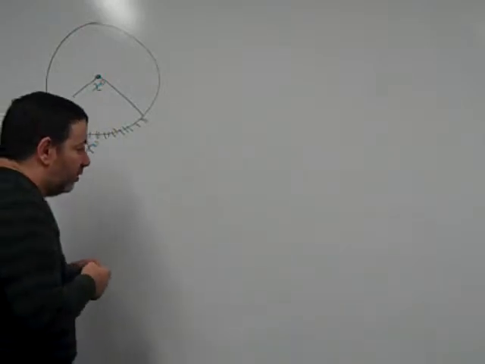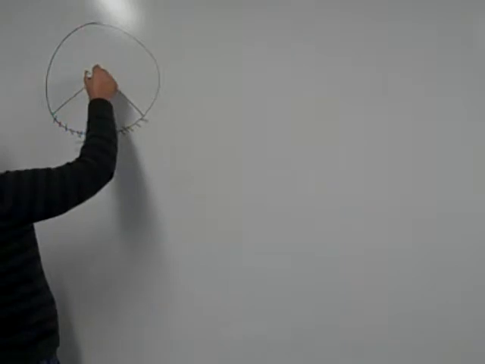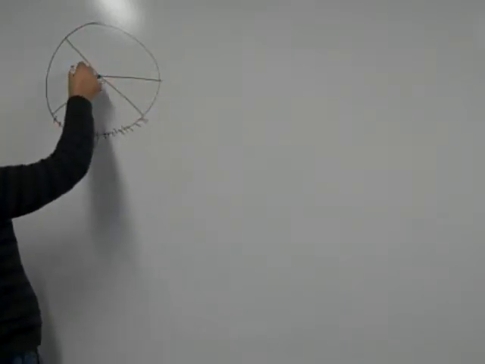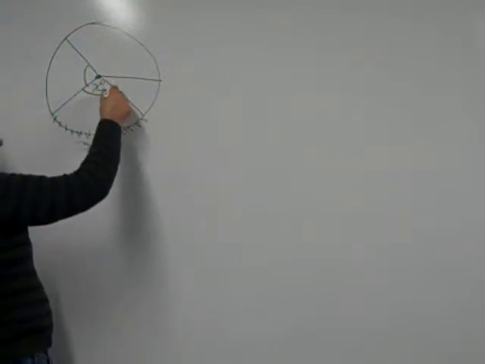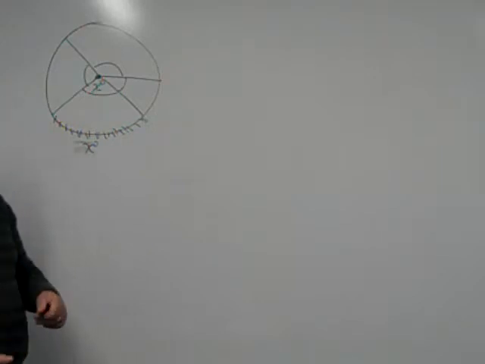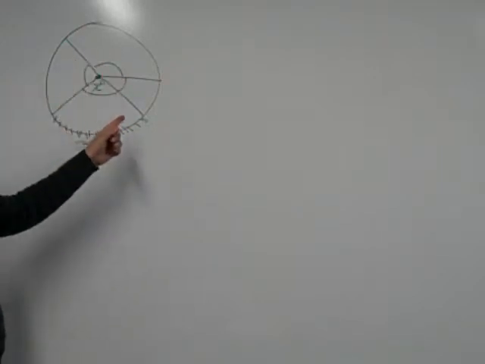Well, imagine we cut it into a few pieces. Now, this angle plus this angle plus this angle plus that angle adds up to 360 degrees. Goes all the way around.